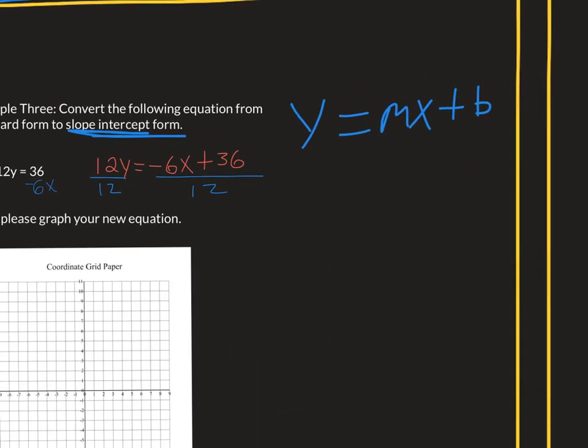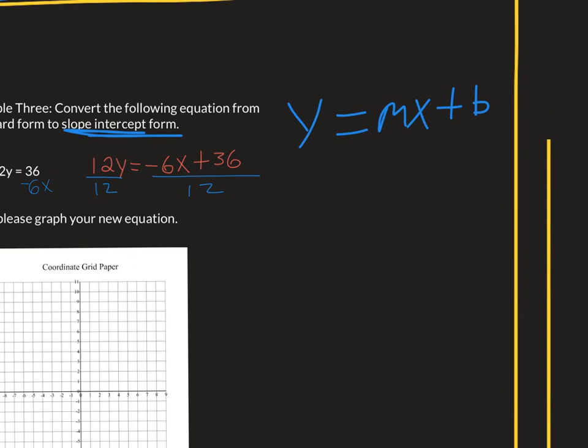And when we divide both sides by 12, we're going to have y equals negative 6 over 12. What is 6 over 12? I'm going to give you something to think about that. I'm hoping that you realize that 6 is half of 12. So 6 over 12 is actually negative 1/2 x. And then 36 divided by 12 is going to be 3. So we have our equation.